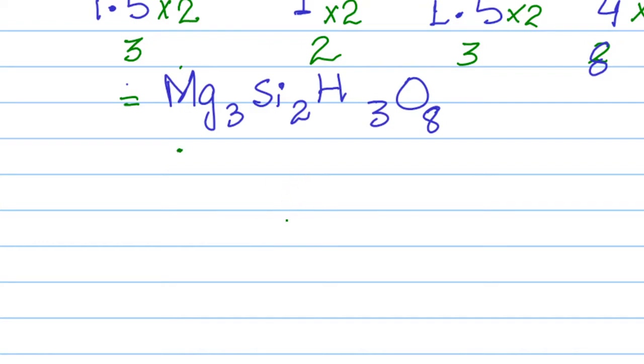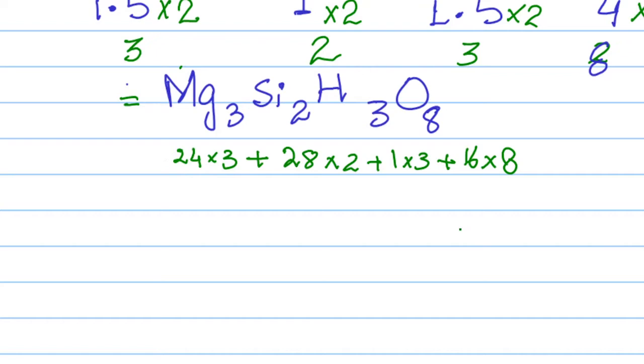The atomic mass of magnesium is 24 multiplied by 3, silicon is 28 multiplied by 2, hydrogen 1 multiplied by 3, and oxygen 16 multiplied by 8. After calculating, we get the value of 259.